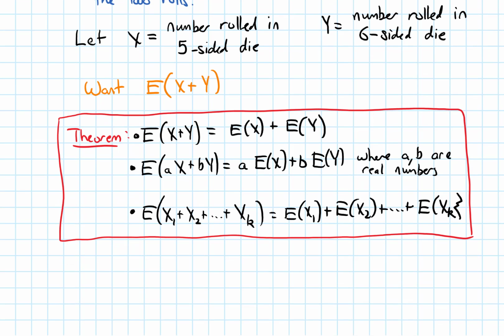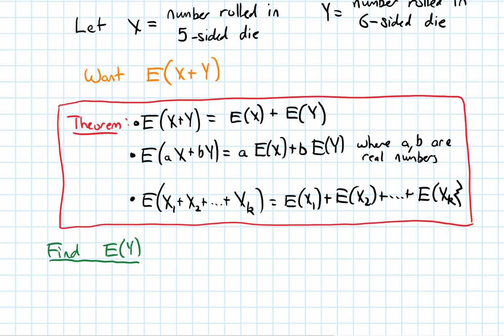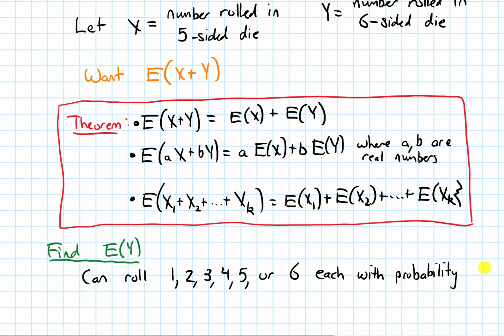So I'm going to find the expected value of y first. They're really similar, x and y. I'm going to do y first though. For y, when I roll a 6-sided die, we can roll a 1, 2, 3, 4, 5, or 6, each with a probability of 1/6.